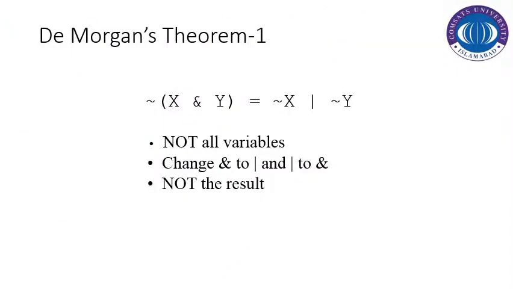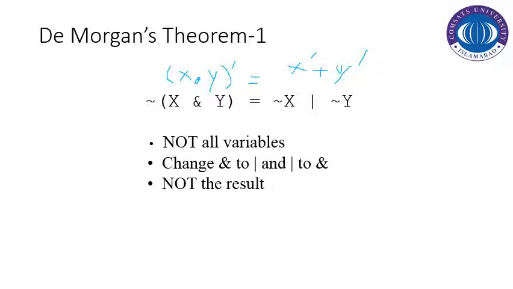So the first version of the De Morgan theorem states that if we invert a function of two literals, (X dot Y) prime equals X prime or Y prime.